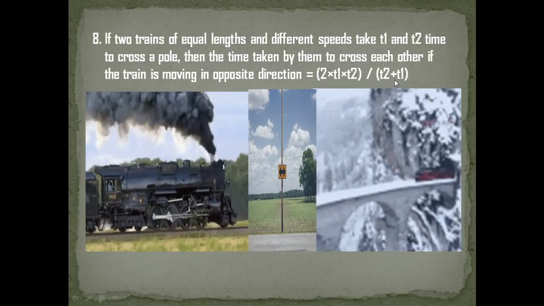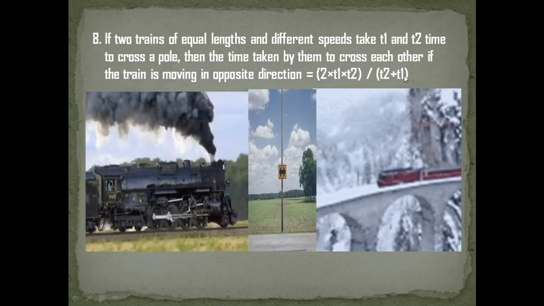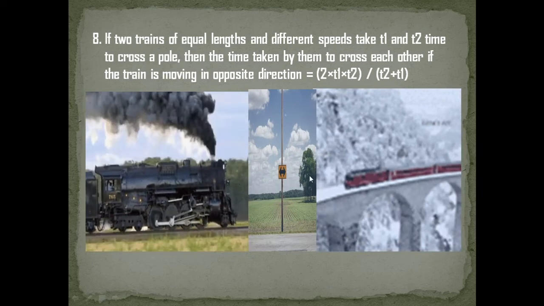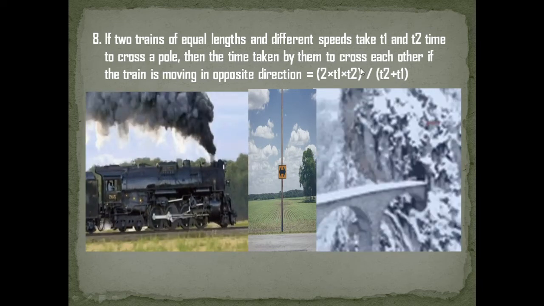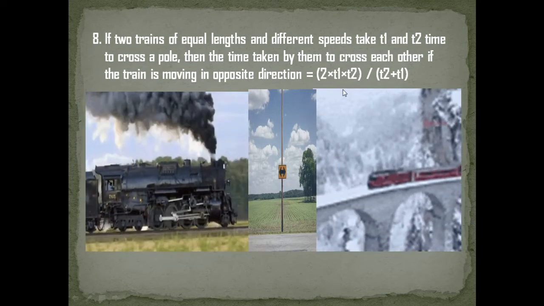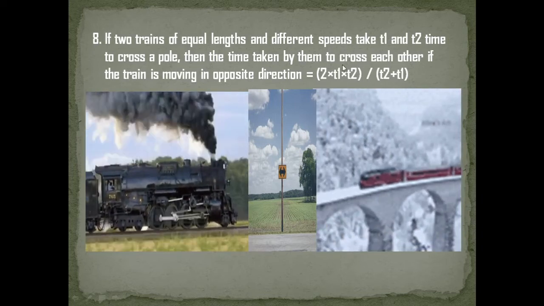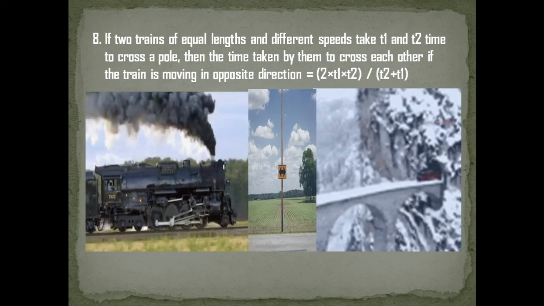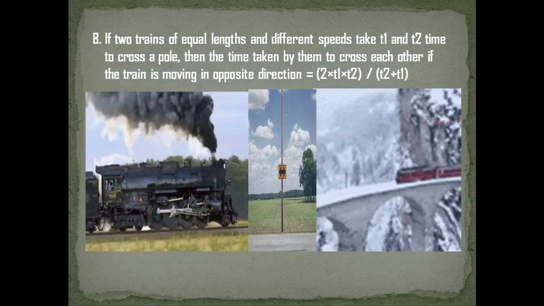Relative time here is T2 plus T1. It is plus because both are moving in opposite direction. With respect to the time they have given, you need to consider this formula if the statement is something like this. So you should be very thorough and careful while solving the problems. Read the statements properly and use the formula accordingly.